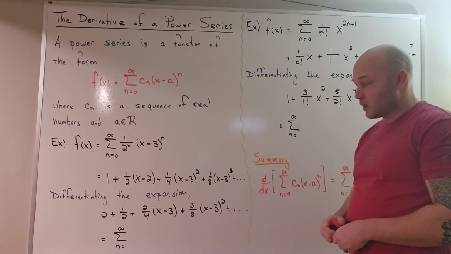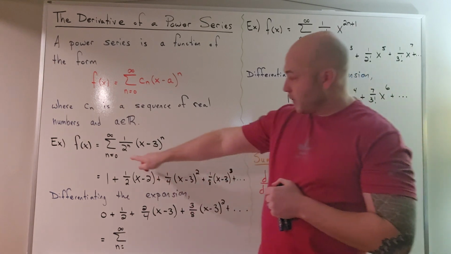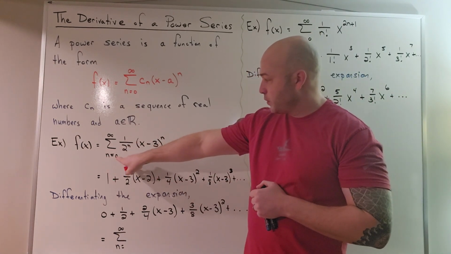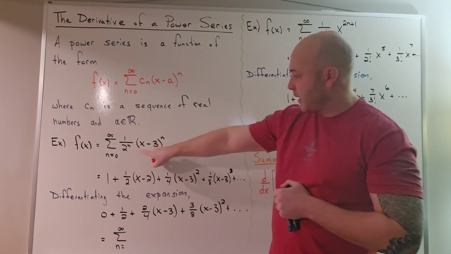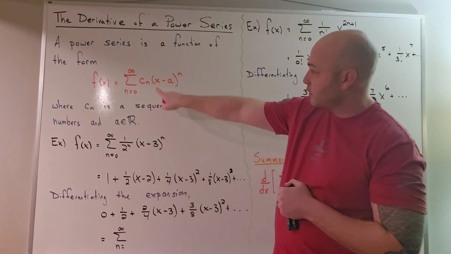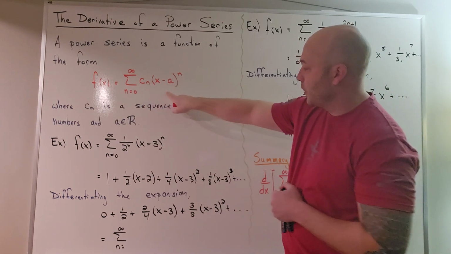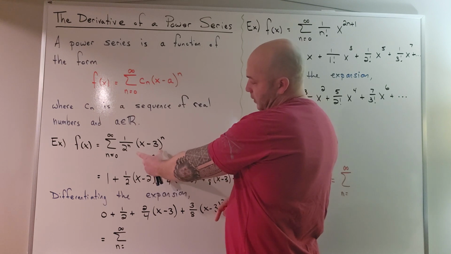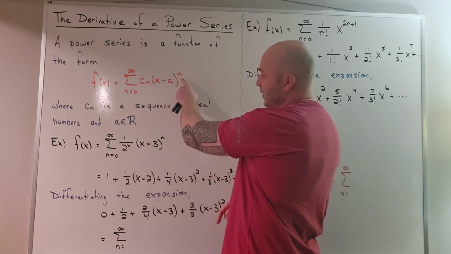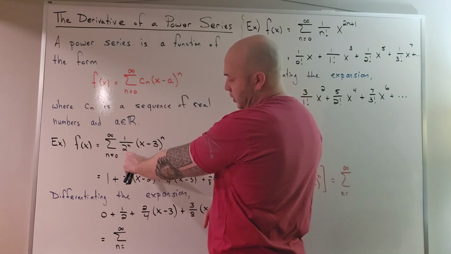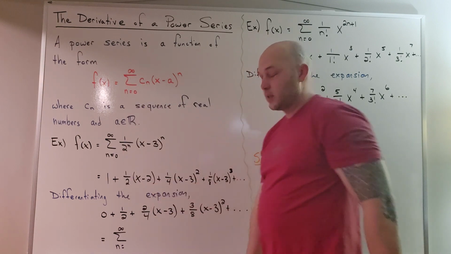Take a look at a specific example. Consider this function right here. F of x is the sum from 0 to infinity, 1 over 2 to the n, (x minus 3) to the n. So again, this does fit the form of a power series where the exponents on x are all positive integers, and these coefficients come from a sequence.